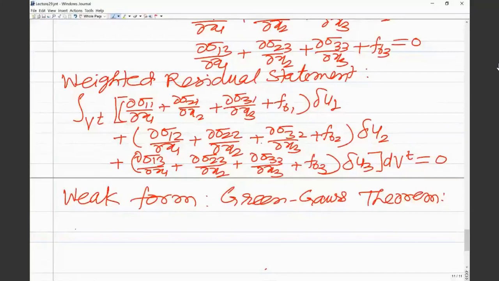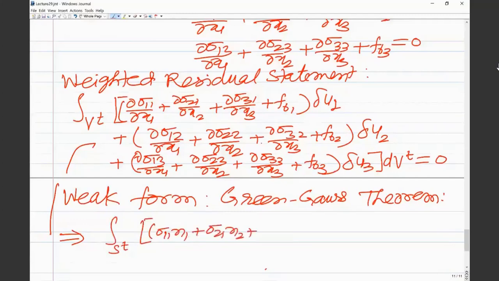So you will be able to write the weighted residual statement as integration over the current surface area, and the terms which we will have are sigma 1,1 into N1 plus sigma 2,1 into N2 plus sigma 3,1 into N3 into delta U1, plus we will have the other terms. These are coming from the application of the Green-Gauss theorem.